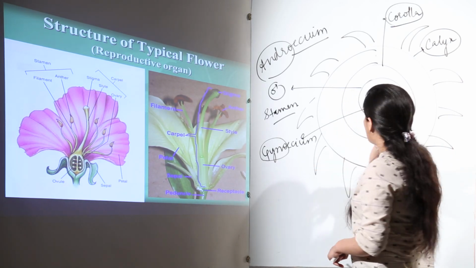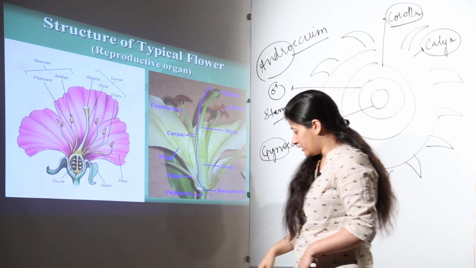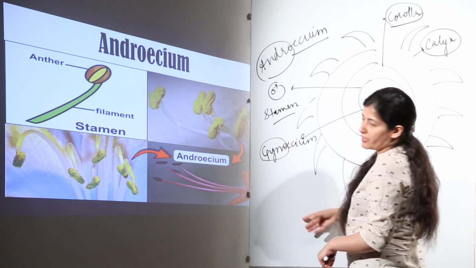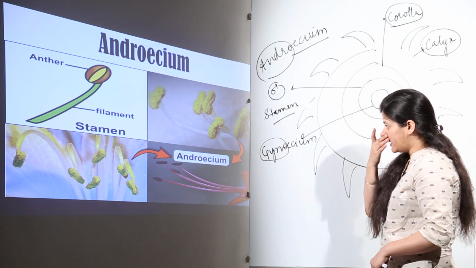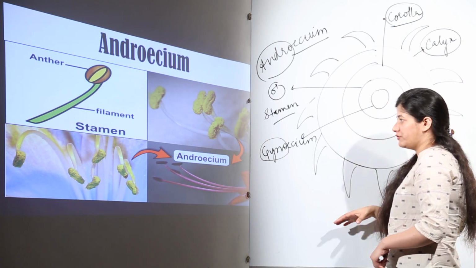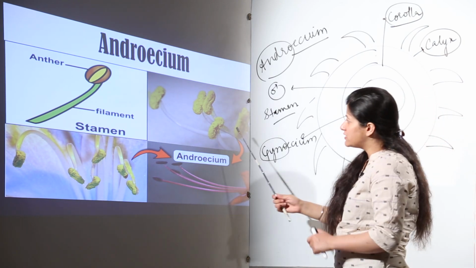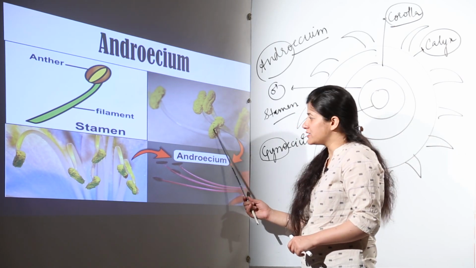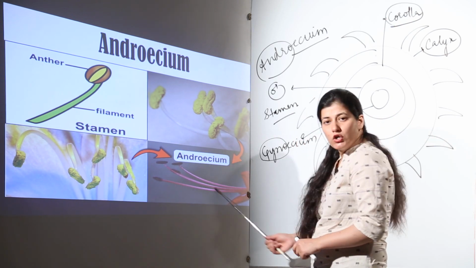So this was all about the structure of a typical flower. Moving further, we have androecium in front of us. As we talked, androecium is the whorl that has the male reproductive part, and the male reproductive part is stamen. You can see this is the anther which has the pollen grains inside it, and this lies the long filament.